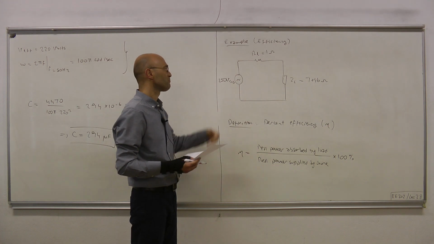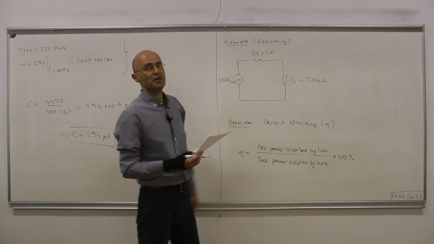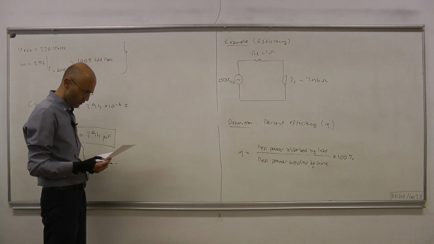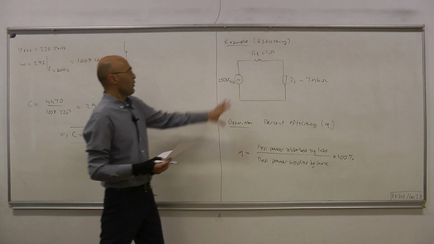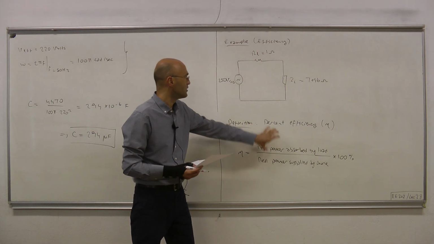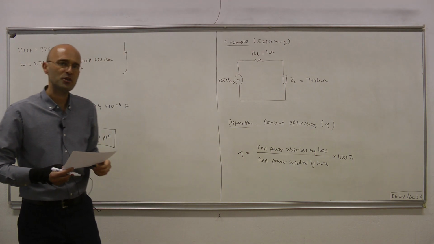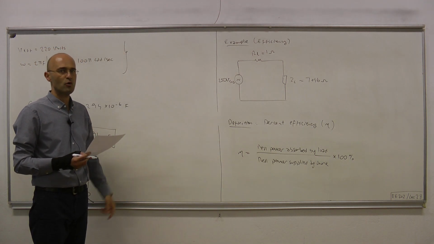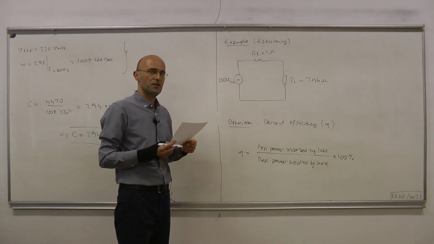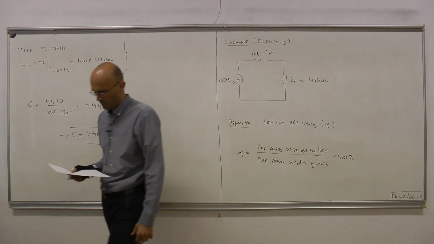Some will be lost during transmission by the transmission lines. Now for the numerical values given, let's apply this definition to this situation, figure out the efficiency, and then we can talk about ways to increase it, to make it as close to 100% as possible.